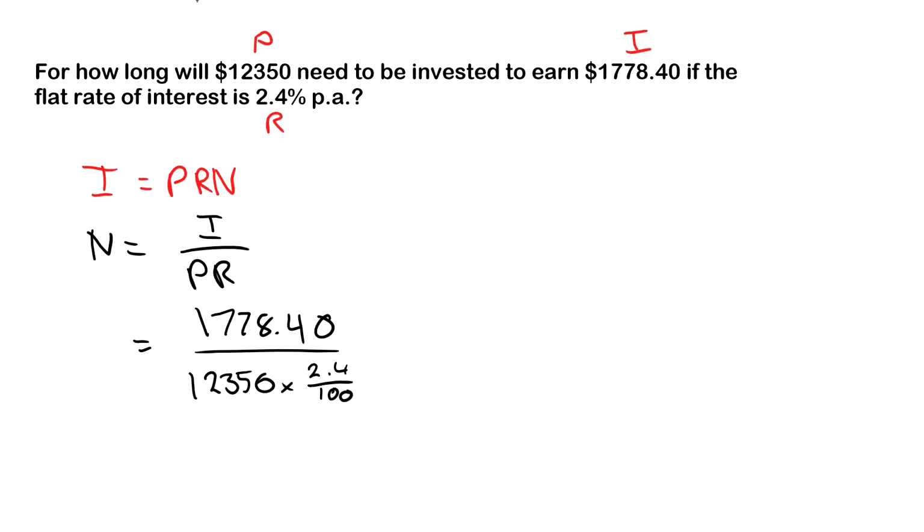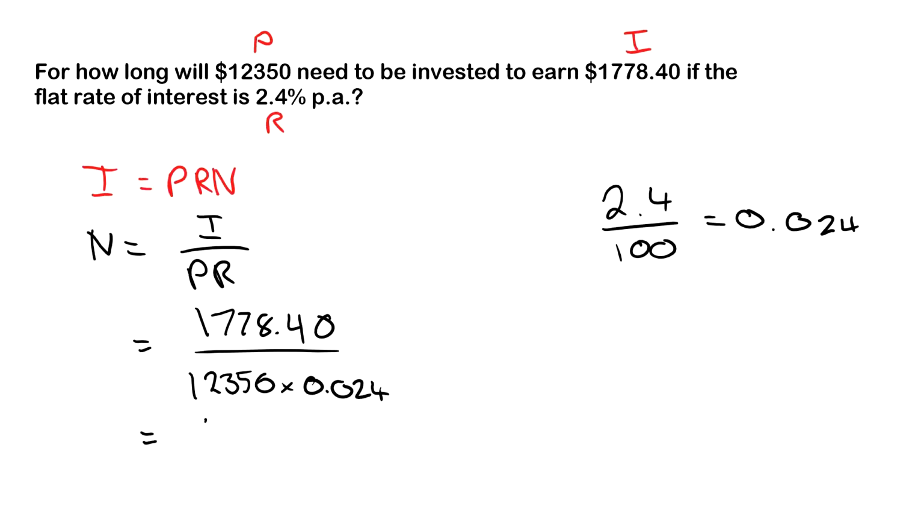Alternatively, if you wanted to make that a little neater, 2.4 over 100 is 0.024, so I could write 0.024 there. That looks a little neater, and that comes out at 6. Because we had per annum, I know this is in years.